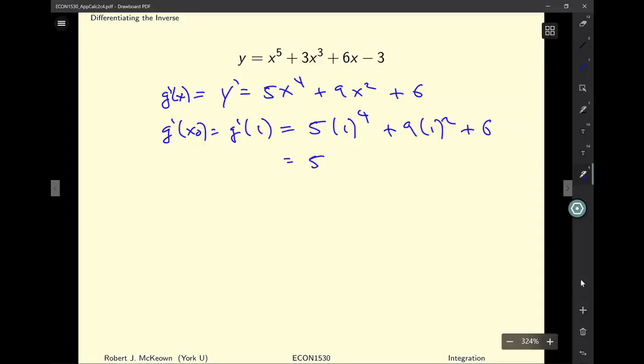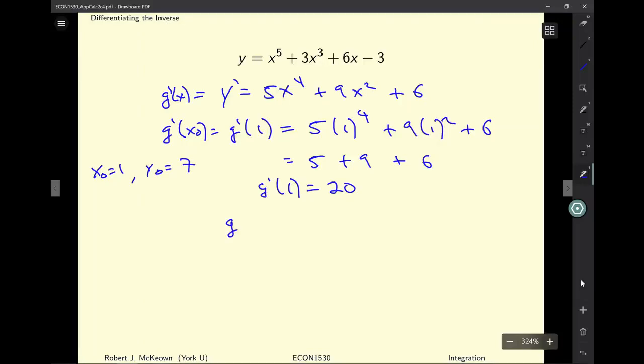And that's just going to give me 5 plus 9 plus 6. And so g prime of 1 is going to be equal to 20. And I know that if x naught is equal to 1, then y naught is equal to 7.